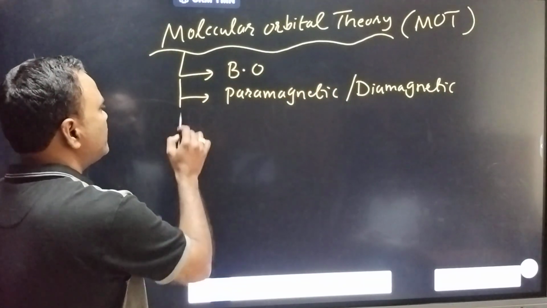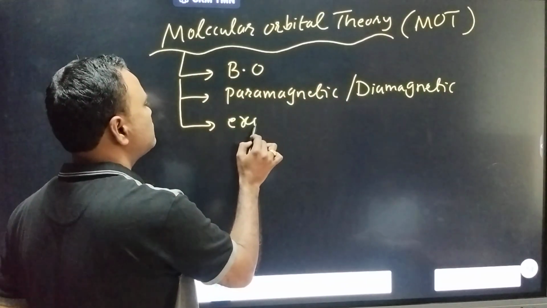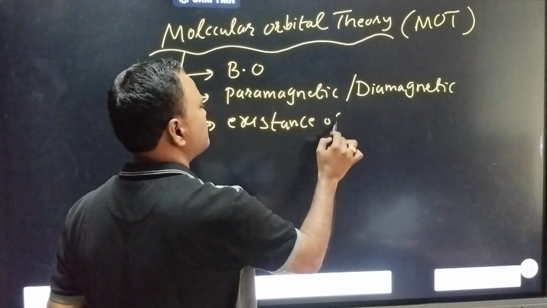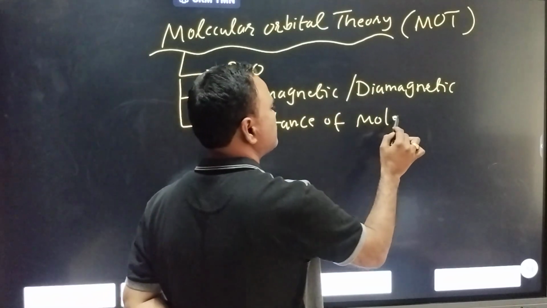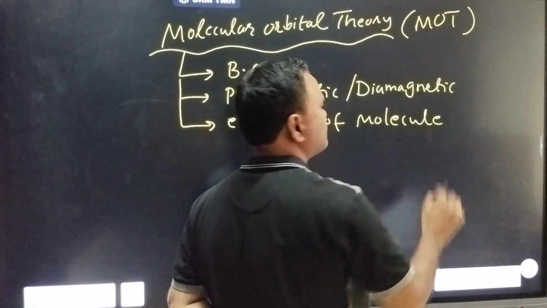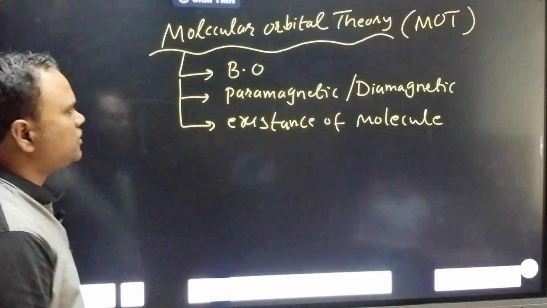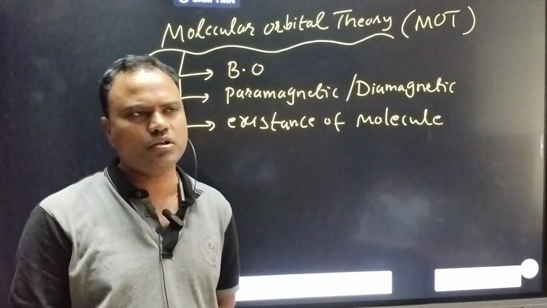And we can predict even the existence of the molecule, whether one molecule will exist or not. These are major concepts: bond order, paramagnetic property, diamagnetic property, existence of the molecule.